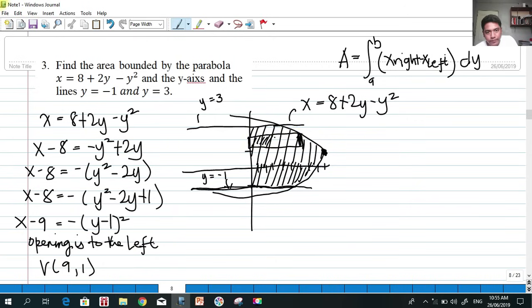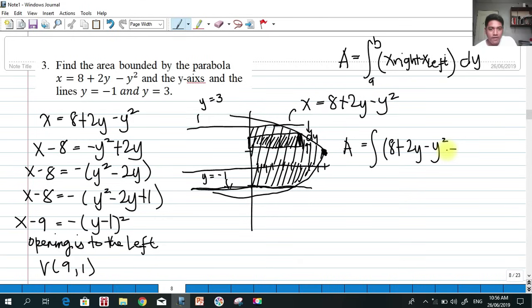So this has a width of dy. And again, the horizontal strip touches the parabola on the right side, and on the left side, it touches the y-axis. So our x right would automatically be this parabola, 8 plus 2y minus y squared, minus x left.